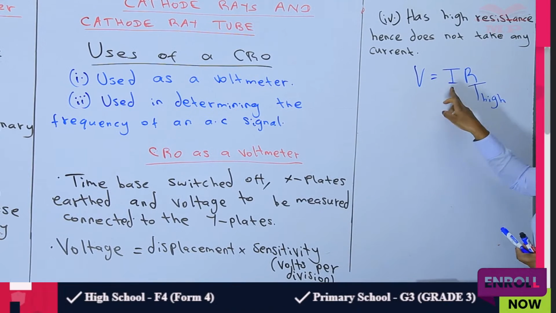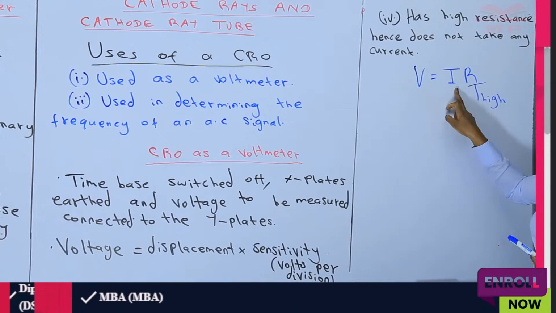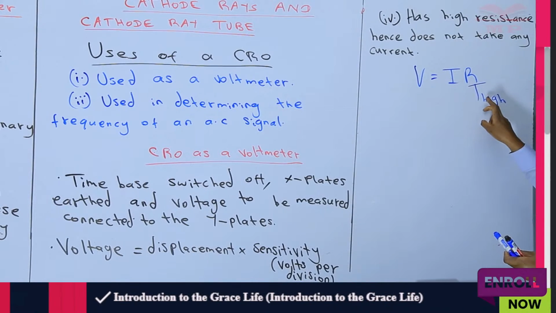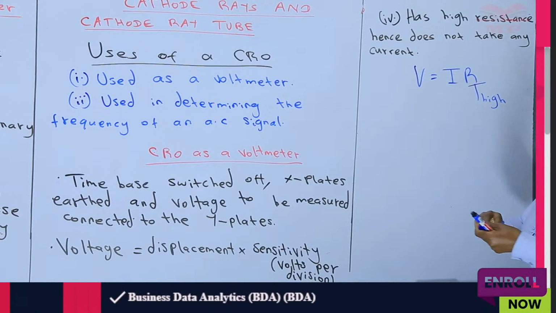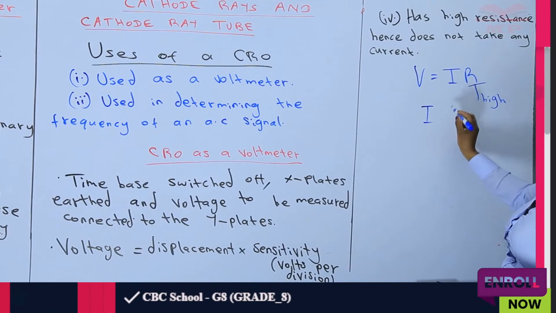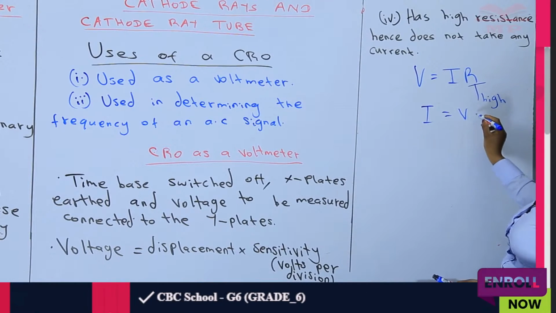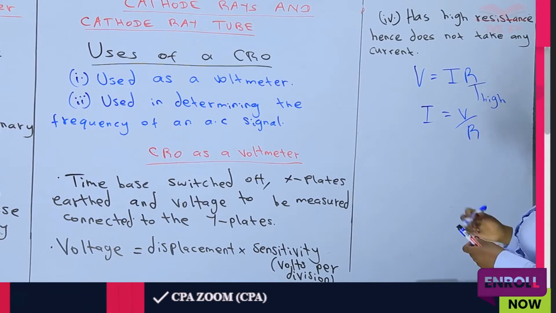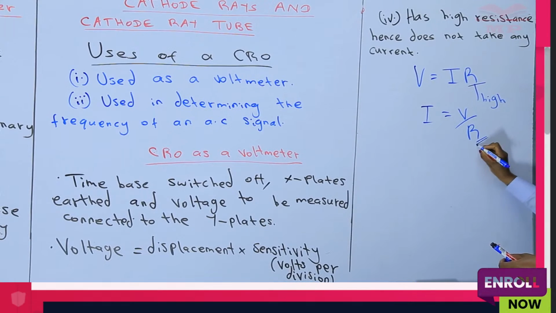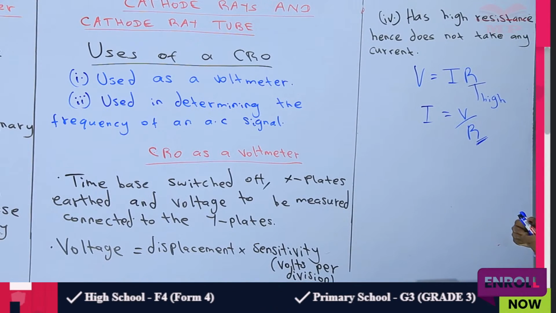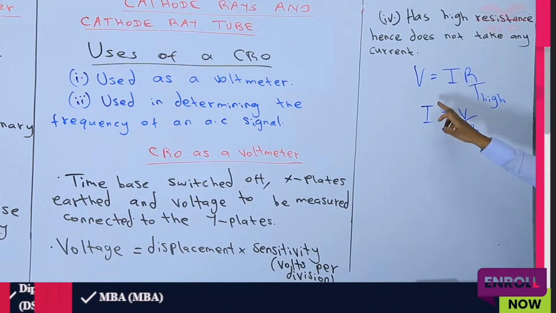The voltage and the current are not going to be affected when the value of the resistance is high, because from this we know that the current will be equal to V over R. When R is very high, it is not going to affect this current.